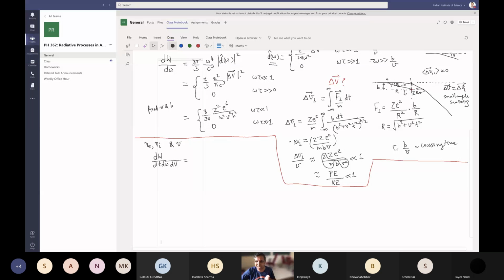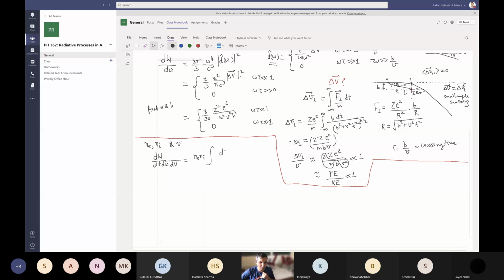If you have many electrons, they will also get scattered much more. So this power goes like Ne Ni, because it's directly proportional to the number of scatterers and number of electrons.